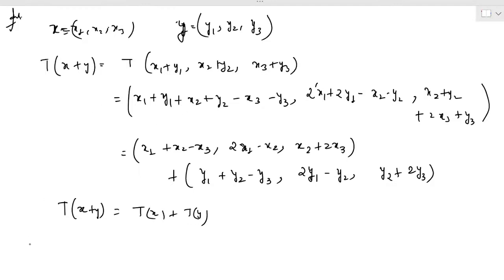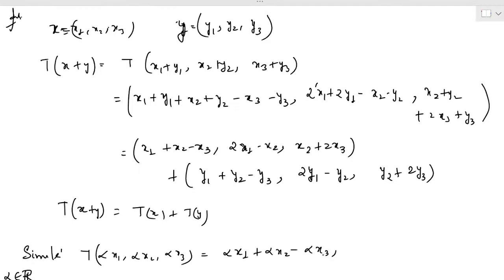And similarly, you can prove that T(αx1, αx2, αx3), where α belongs to R, will be equal to αx1 plus αx2 minus αx3, 2αx1, and the second one, minus αx2, αx2 plus 2αx3.